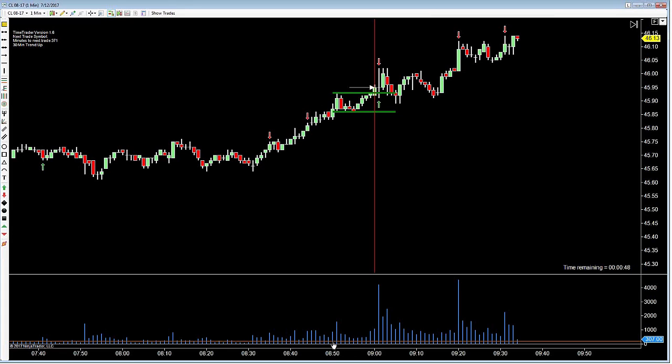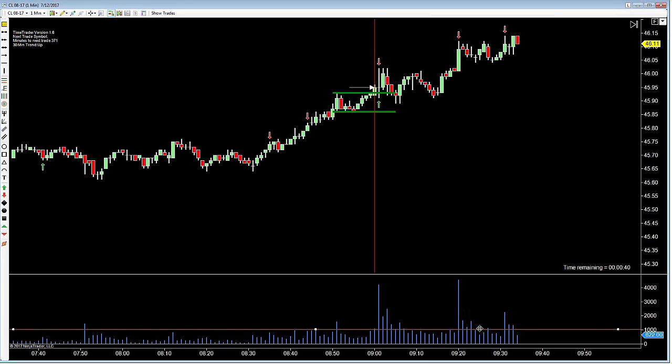I have it set at, I want it to double. So if volume is at 1,000, and I'm only looking at the previous candle here, a volume candle. When I get that, and then I get this one here, I'm not looking back, but the indicator will look back.